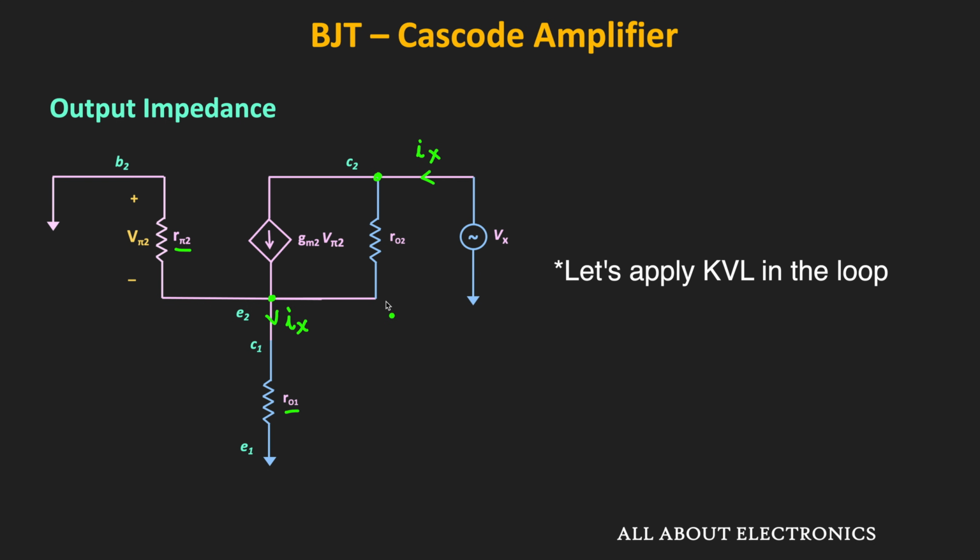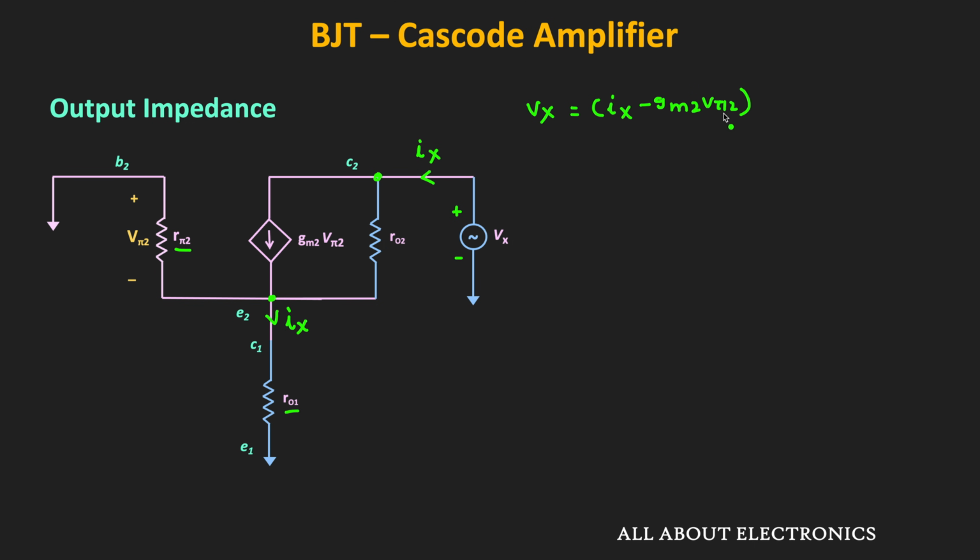So now let us apply the KCL in the given circuit. If we apply the KCL, then we can write this voltage Vx is equal to Ix minus Gm2 times Vpi2 times R02, that is this voltage, plus this Ix times R01 in parallel with Rpi2.